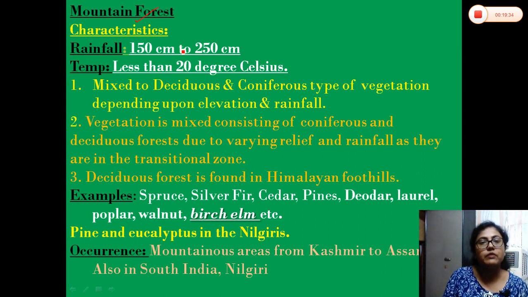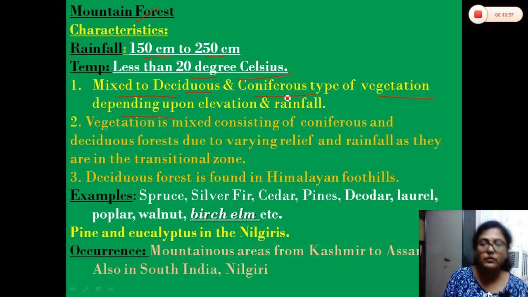Now the mountain forest. Here the rainfall is 150 to 250 centimeters and the temperature is less than 20 degrees centigrade. I told you that in mountain areas, due to altitude, the temperature will be less. Here mixed deciduous and coniferous types of trees are found.